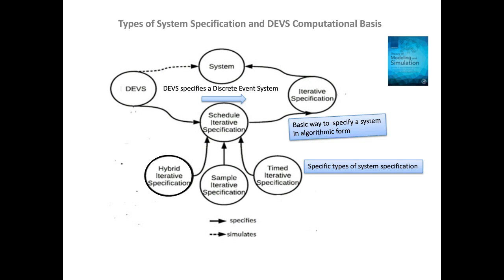Events occur and are scheduled to occur, and they change the states of the system and produce inputs and outputs.